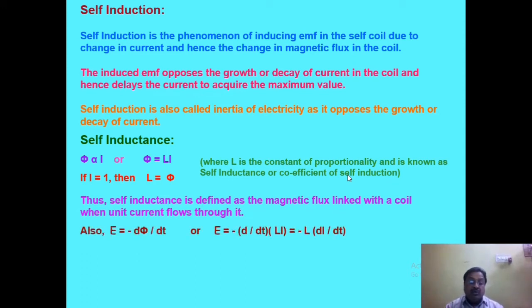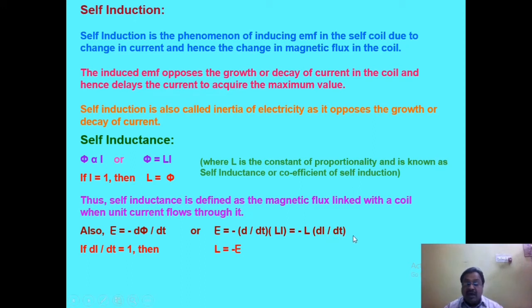Also, we know according to Faraday's law, E equals minus d phi by dt. Now phi equals LI. Substitute here, minus d by dt of LI. So E equals minus L di by dt. Now, if di by dt equals 1, the current is changing at a unit rate.